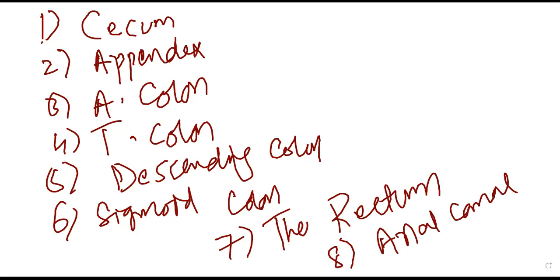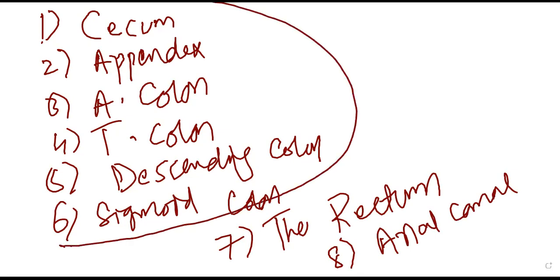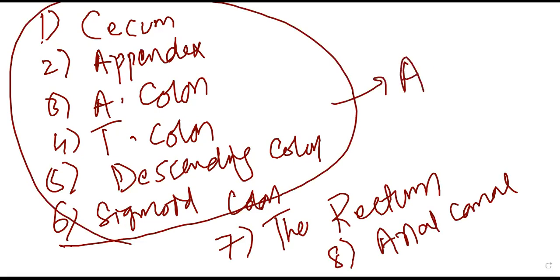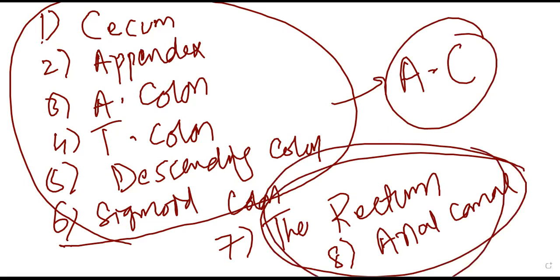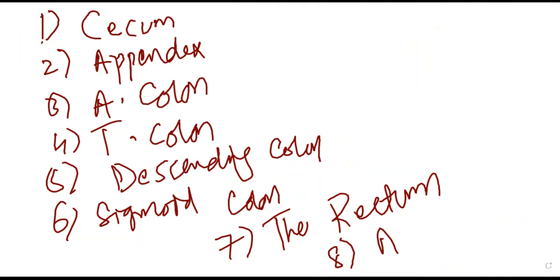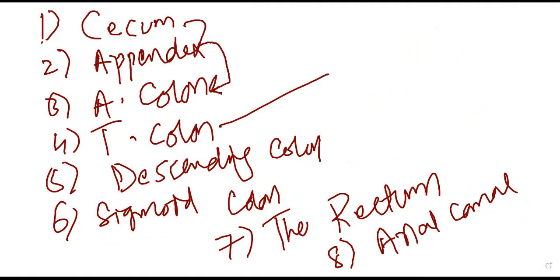Remember that all the 6 parts come in the abdominal cavity, but only the rectum and the anal canal are considered in the section on the pelvis and the perineum. So these 2 parts of the large intestine come in the category of the pelvis. The cecum and appendix are the parts of the first part, the ascending colon.